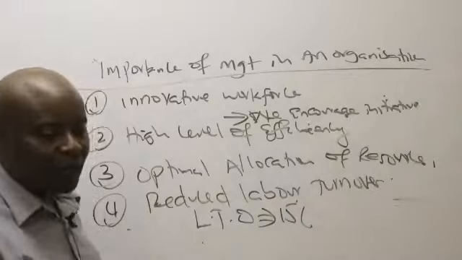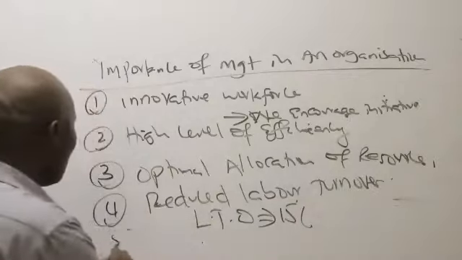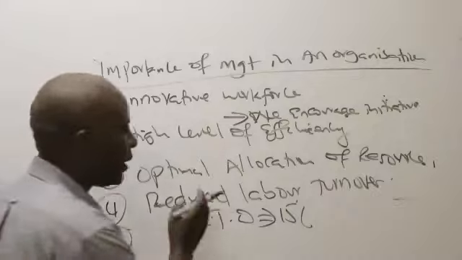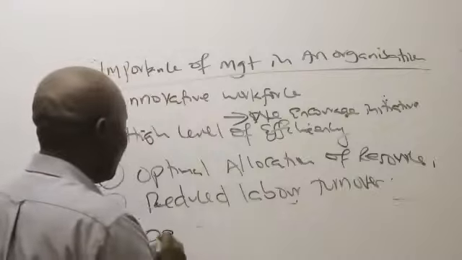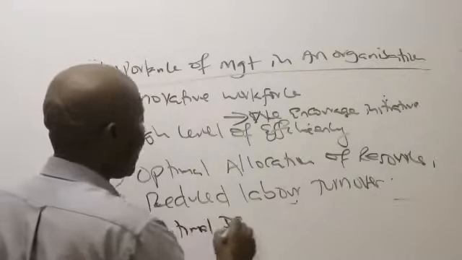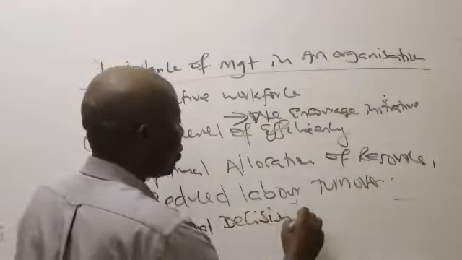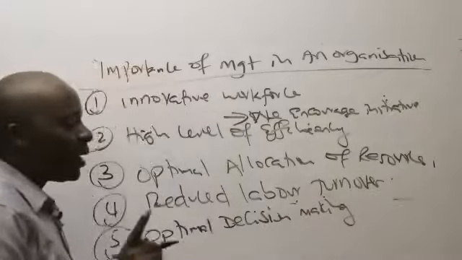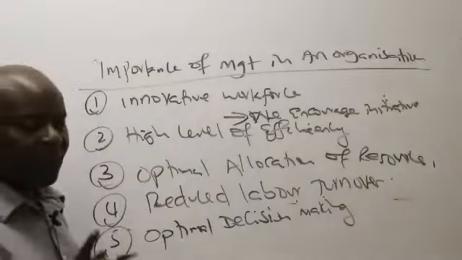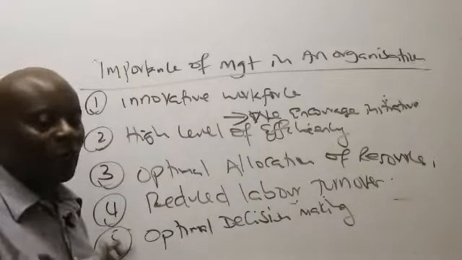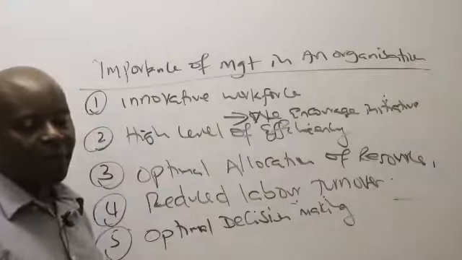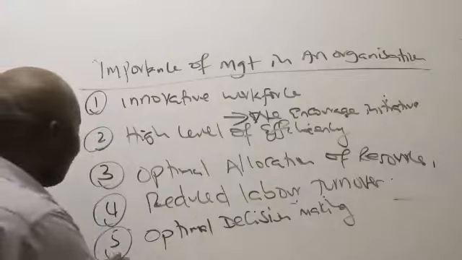Number 5, ladies and gentlemen, we have the concept of what here? Yes, in this case here, we have optimal decision making. So in this case here, we shall be able to choose proper alternatives, better alternatives quite easily and quickly, right? Improved reputation.